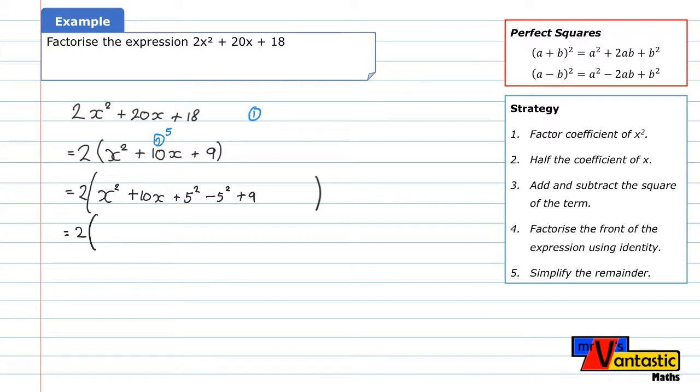Again, we're ignoring the 2 and the brackets. We can now factorize the first half of the equation into our perfect square. And the perfect square here would be x plus 5 squared. And then we have minus 5 squared. 5 squared is 25, so minus 25 plus 9. And minus 25 plus 9, that's going to be minus 16. So we have x plus 5 squared minus 16.